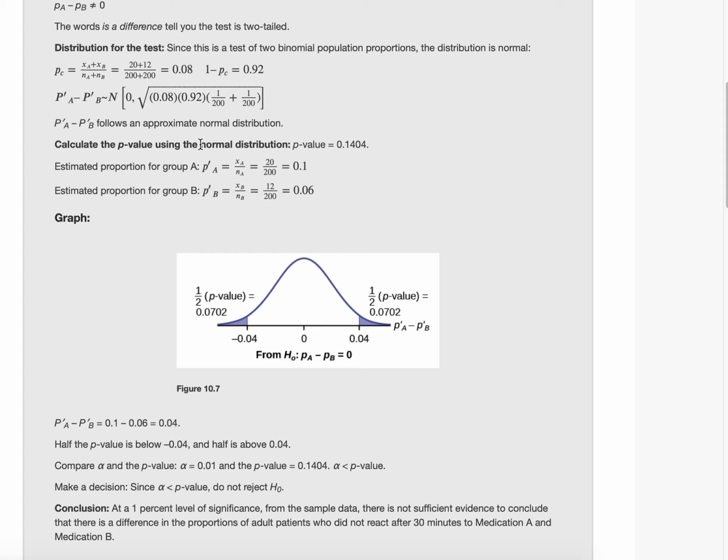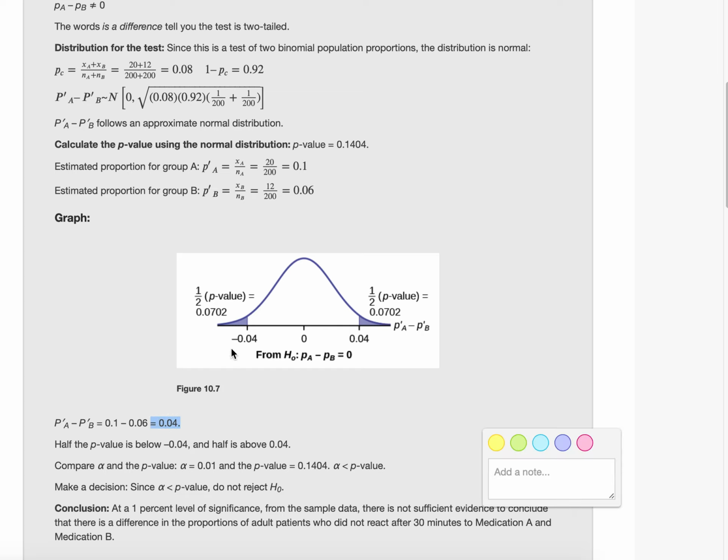So I have a p-value using the normal distribution of 0.1404. My critical value is found from subtracting the actual proportions. To find those actual proportions, I have 20 over 200 and 12 over 200 from the information in the problem. When I subtract 0.1 and 0.06, I get 0.04.